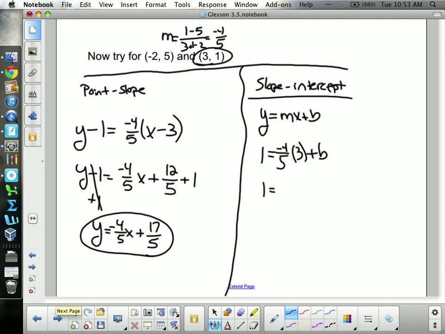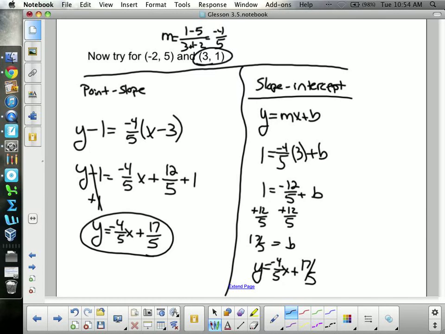So 1 equals negative 12/5 plus b. Add the 12/5 to each side. b is 17/5, and then I rewrite y equals slope x plus b. Same equation.